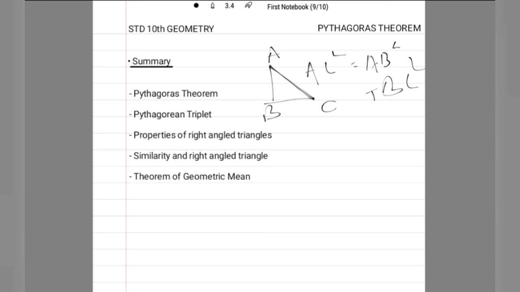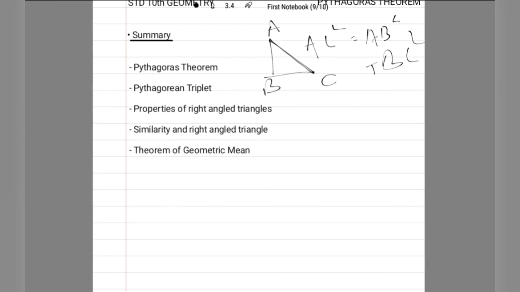In 30, 60, 90, the side opposite to 30-degree angle is half of the hypotenuse, and the side opposite to 60-degree angle is √3/2 times the hypotenuse. And in 45, 45-degree triangle, it is 1/√2 into hypotenuse. So this is what we have learned in the properties of right angle triangle.